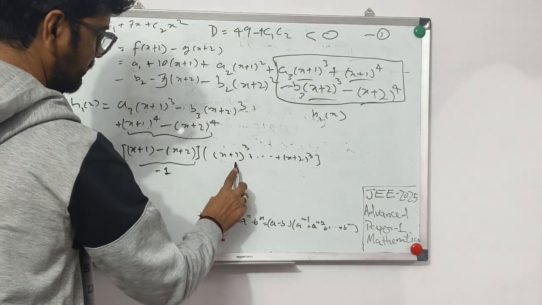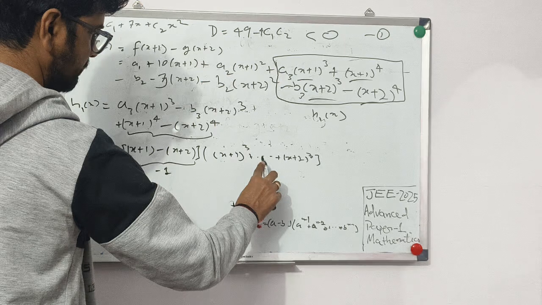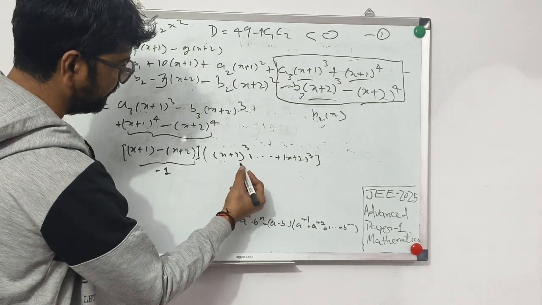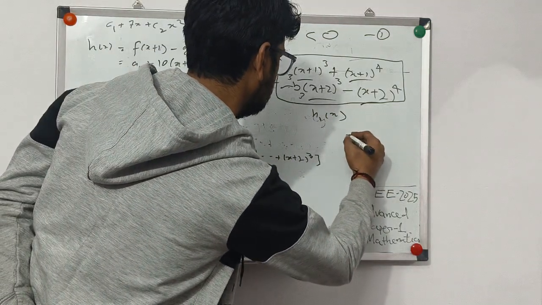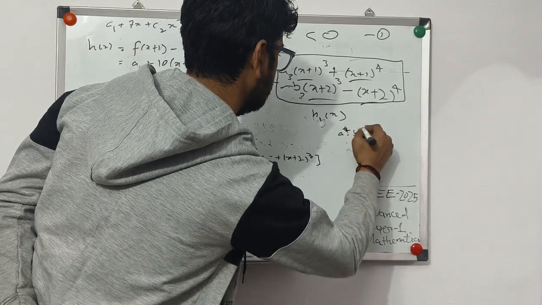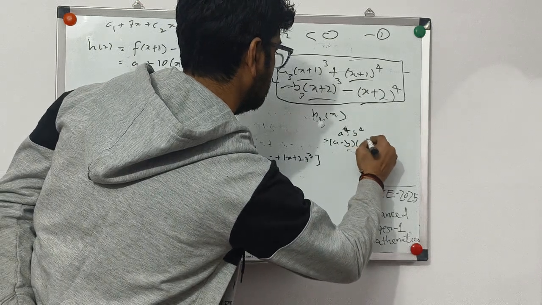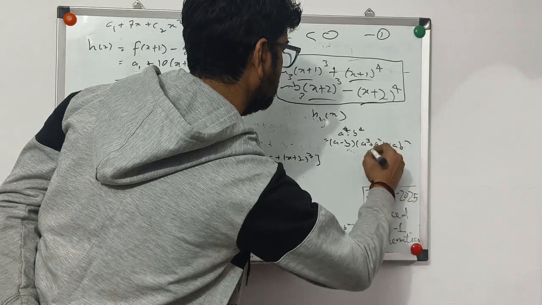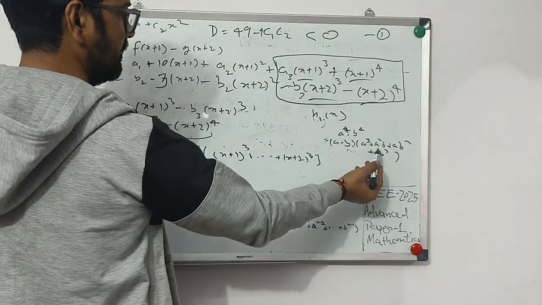(x plus 1) cubed plus (x plus 1) squared times (x plus 2), and so on. If I write them out, a raised to power 4 minus b raised to power 4 equals (a minus b) times (a cube plus a square b plus a b square plus b cube). There are 4 terms here, okay?